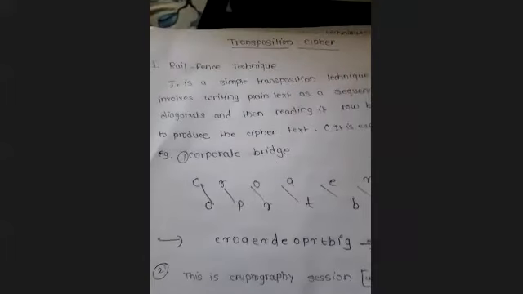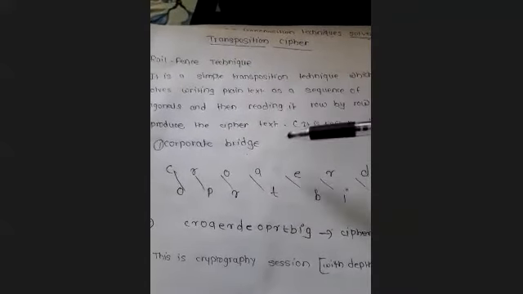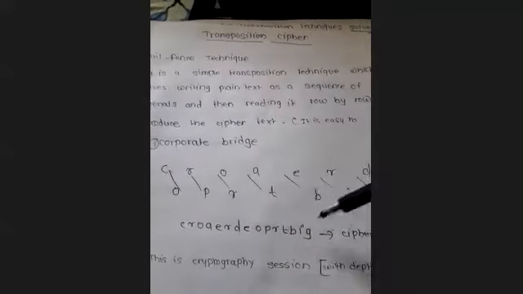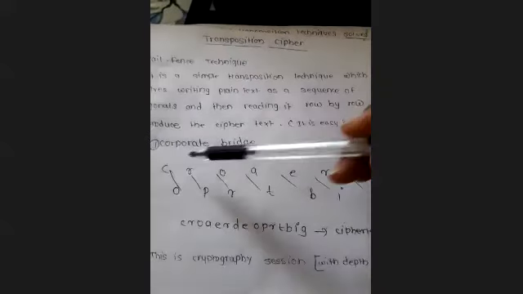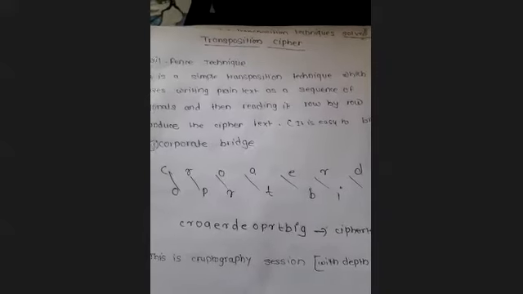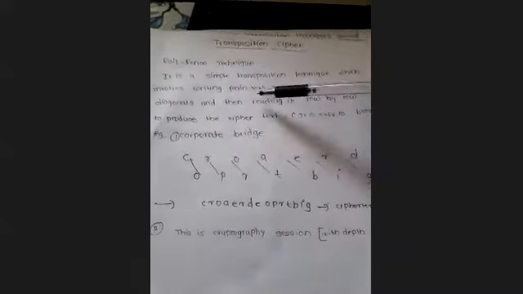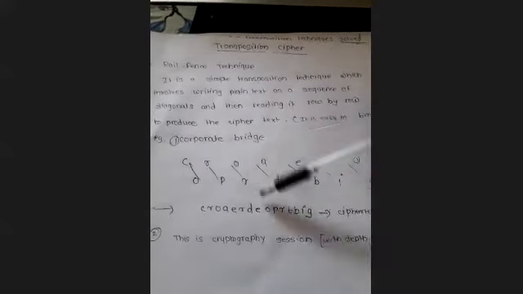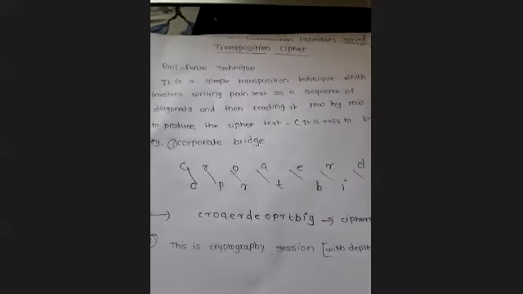Now we also discussed an example based on the Rail Fence technique, in which we arrange the alphabets in diagonal order. When we read the letters, we read them row wise, right? So it is a simple transposition technique which involves writing plain text as a sequence of diagonals and then reading it row by row to produce the cipher text.